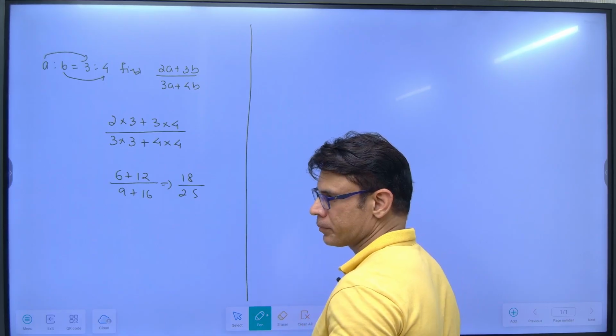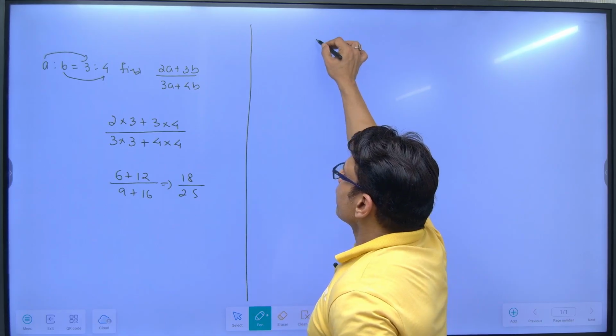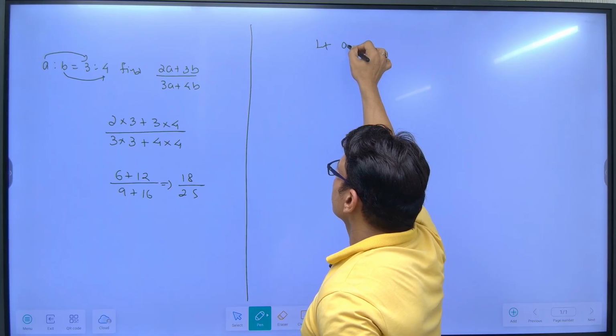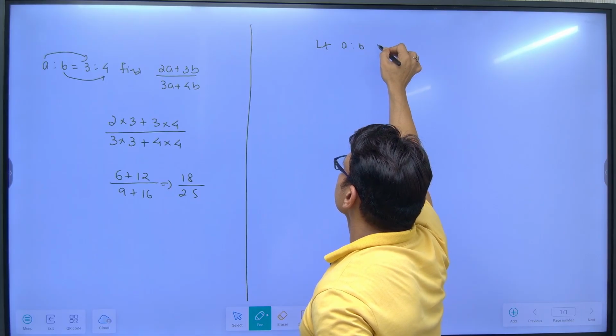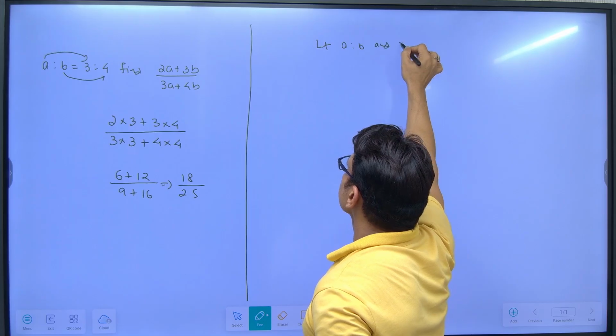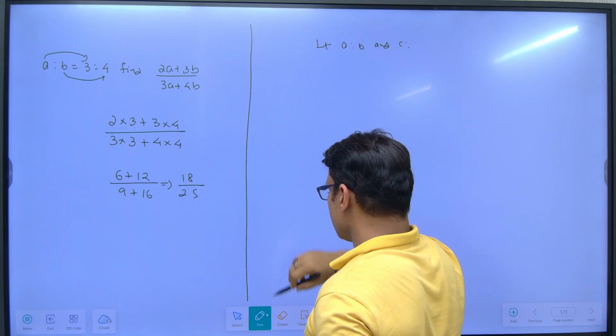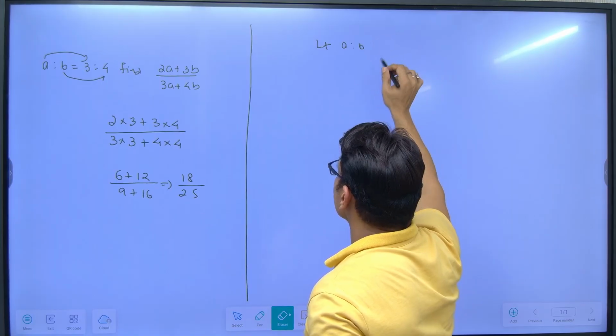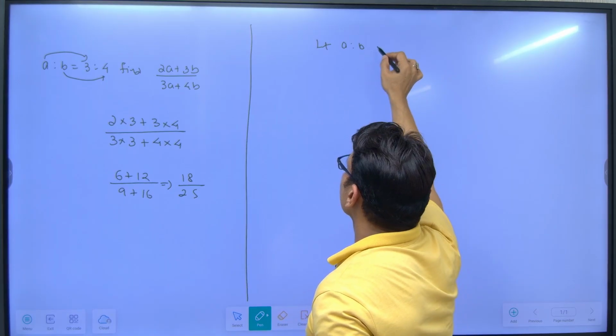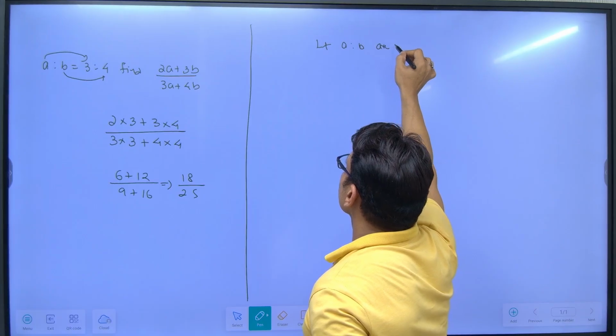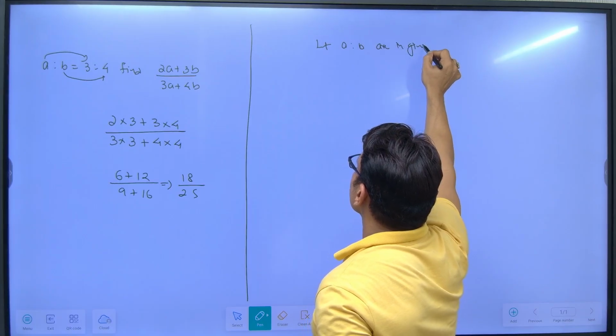Clear this one? Okay. Now, let A and B are in given ratio.